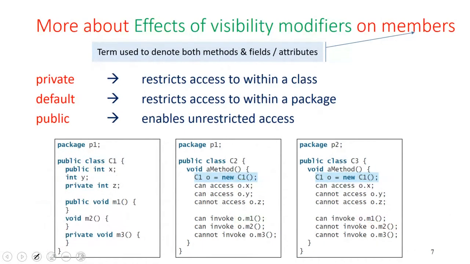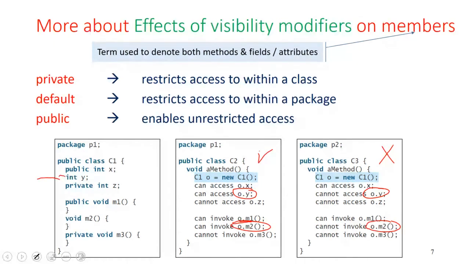Next example: what about o.y? I can access o.y from within the class C2, but I cannot access o.y from class C3. Similarly, I can call method o.m2 here, and I cannot call method o.m2 there. So what's happening with y and m2?